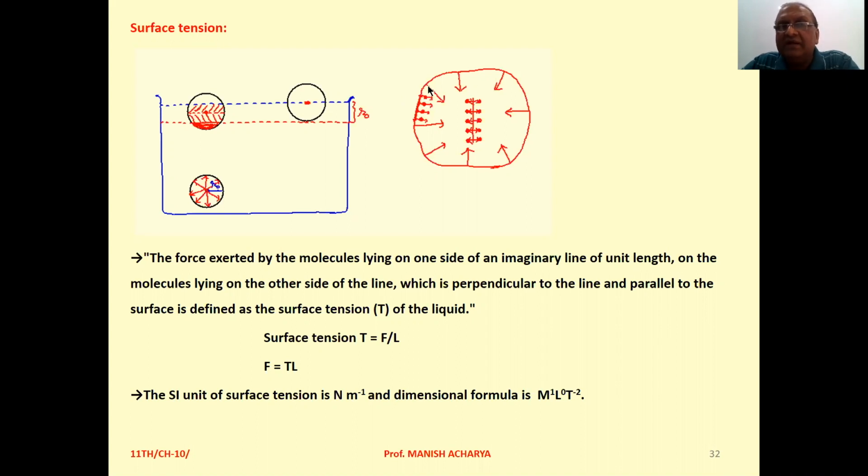So the net force at the edge of the surface will be parallel to the surface but inward, and due to that, each and every free surface of the liquid has a tendency to decrease its surface area. It implies that each free surface of the liquid behaves like a stretched membrane of rubber. Clear to all of you?